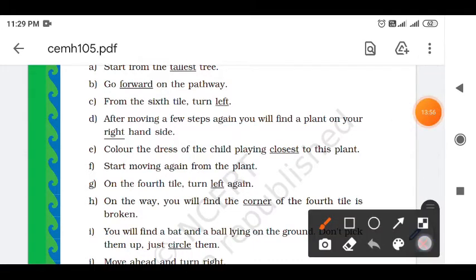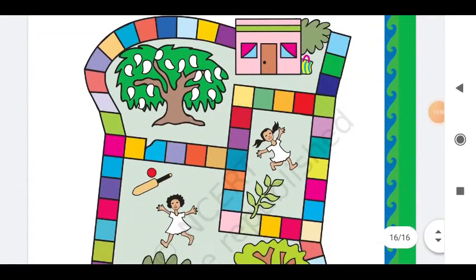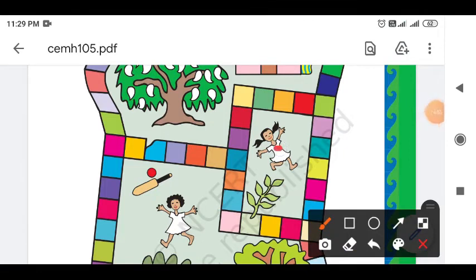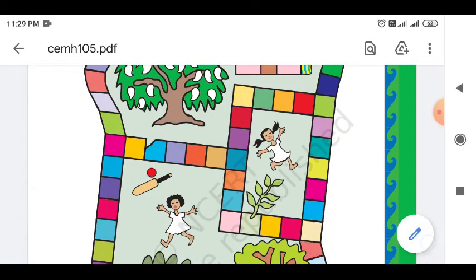See, the closest is this girl. So take one color pencil and color that girl's dress.